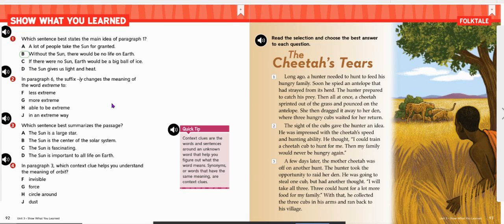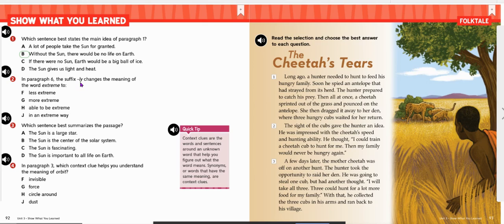Number 2, in paragraph 6, the suffix ly changes the meaning of the word extreme to, well, hopefully you remembered that suffixes are a letter or group of letters added to the end of the word to change the meaning of the word.